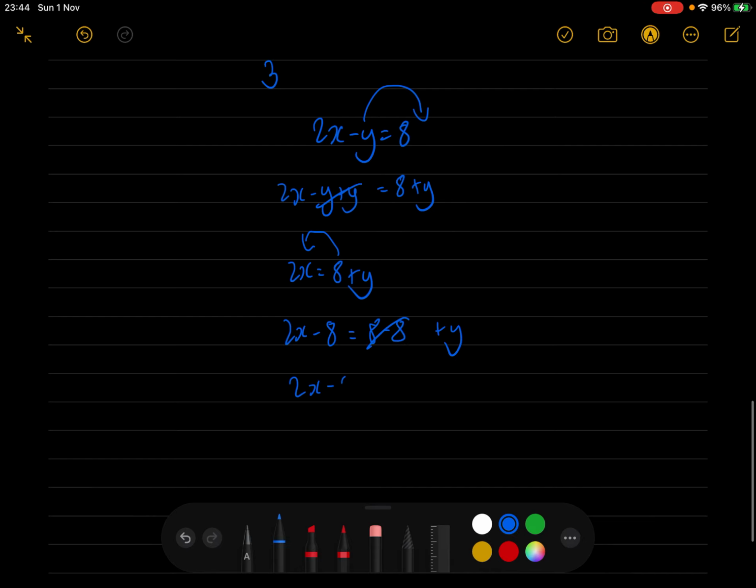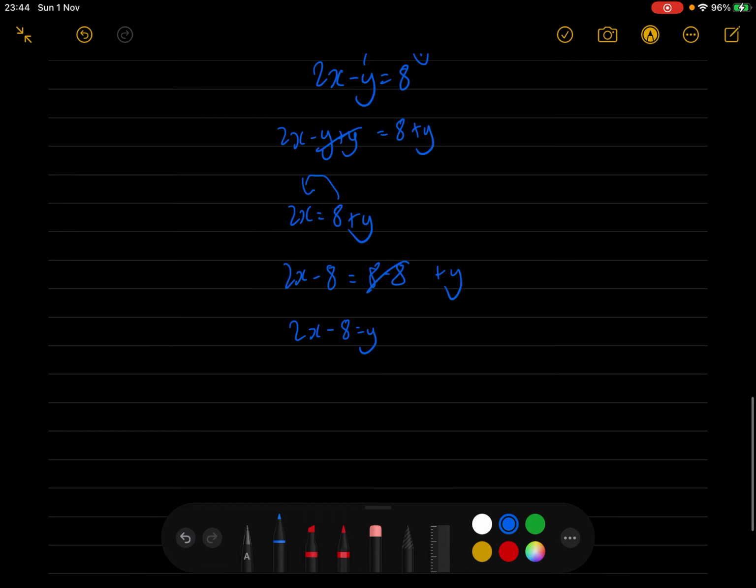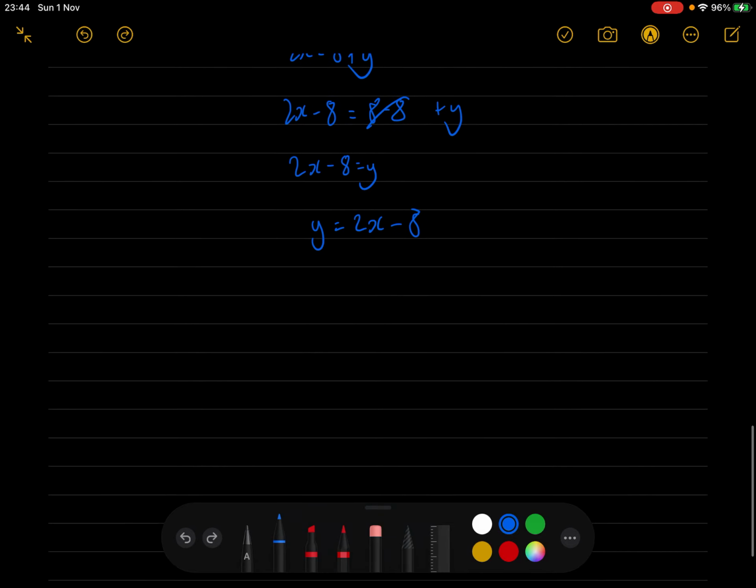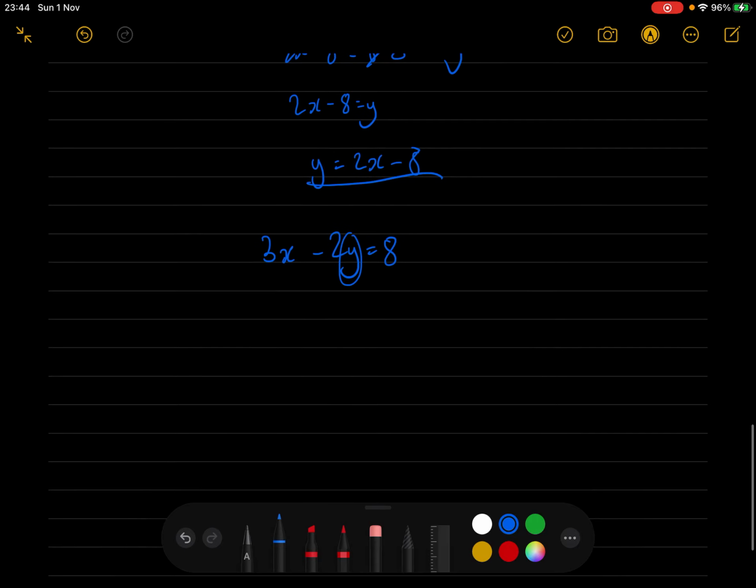Hence, 2x minus 8 is equal to y, or y is equal to 2x minus 8. Now, because we have found the value for y, we can use the first equation, that is 3x minus 2y is equal to 8. We simply substitute y in this equation. That means 3x minus 2 times (2x minus 8) is equal to 8.